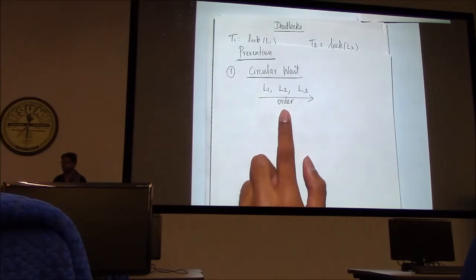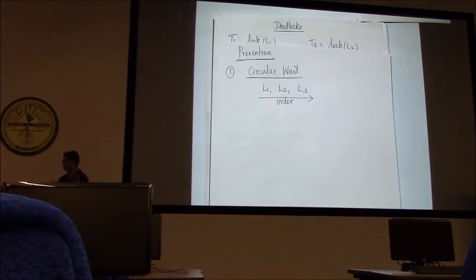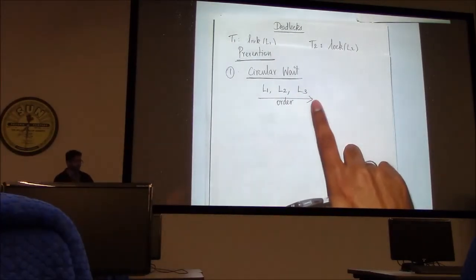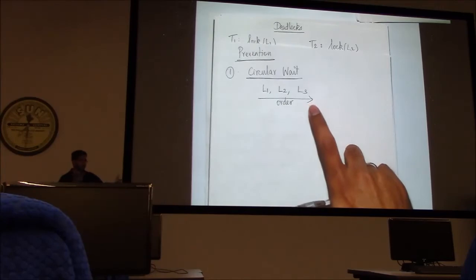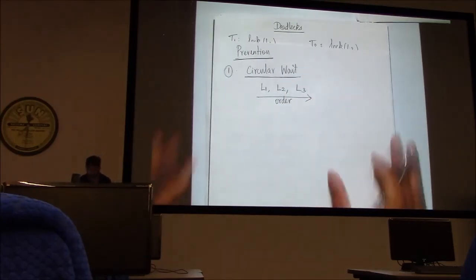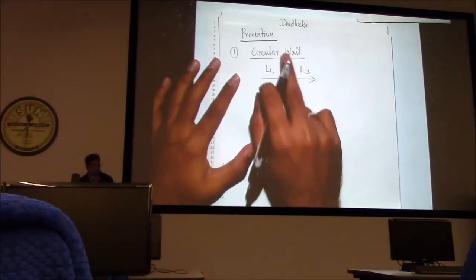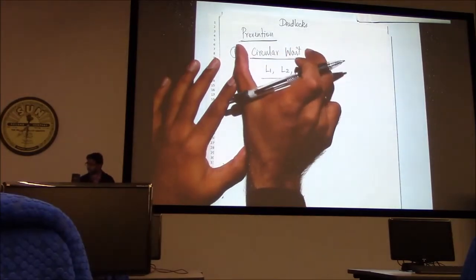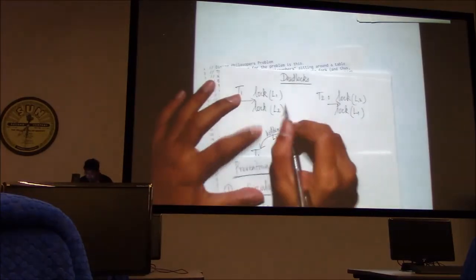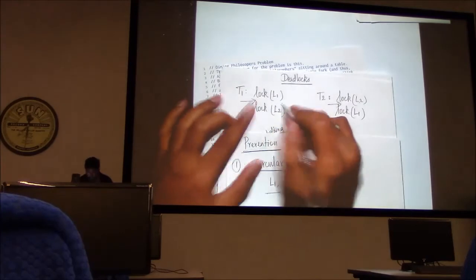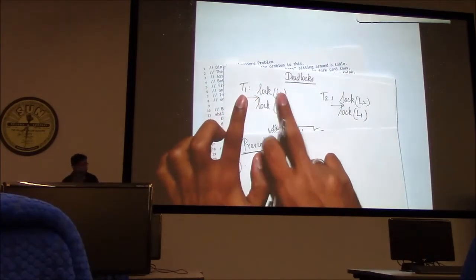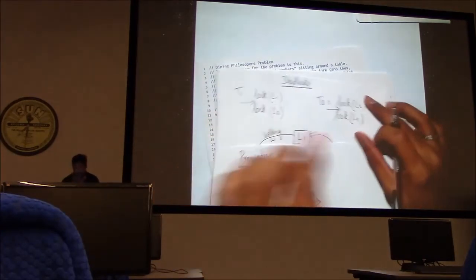If this ordering between the locks is enforced, and the people using the code base follow it whenever they acquire locks, then this prevents deadlock, because it easily prevents the condition of circular wait from happening. If this was the order enforced, then T1 can acquire the locks in this way and there will not be any deadlock.